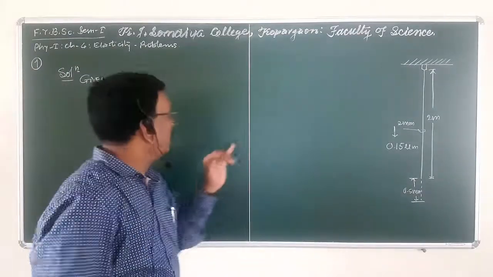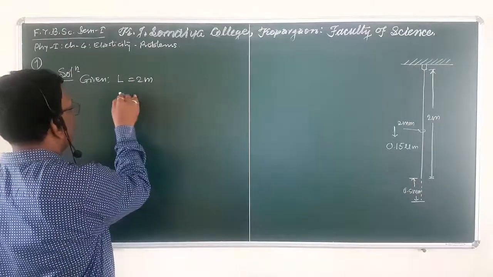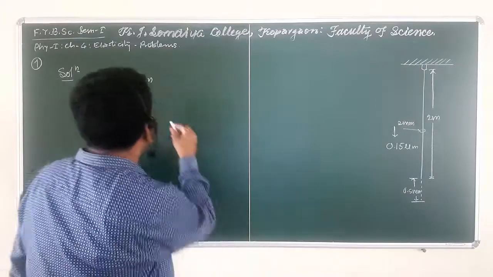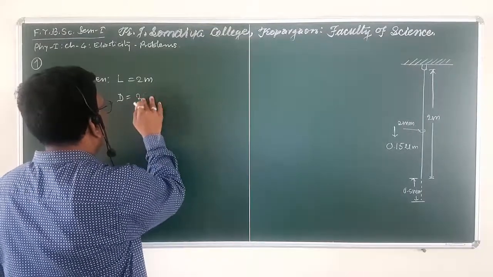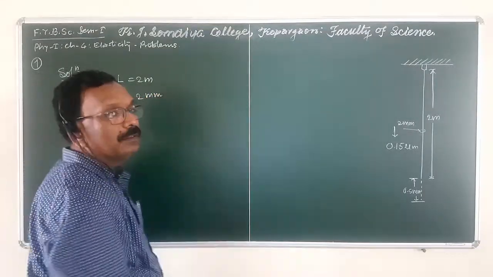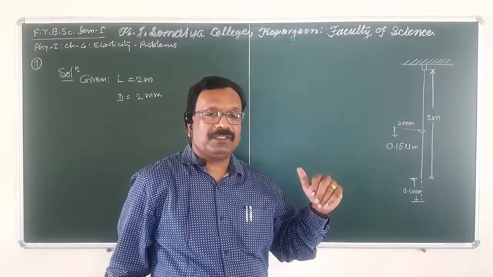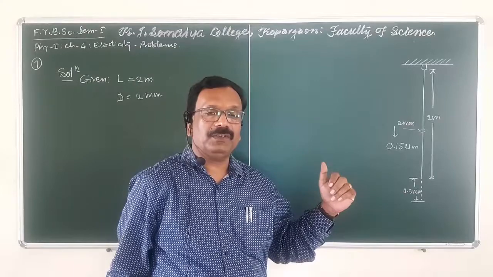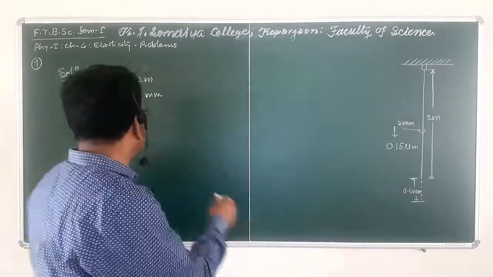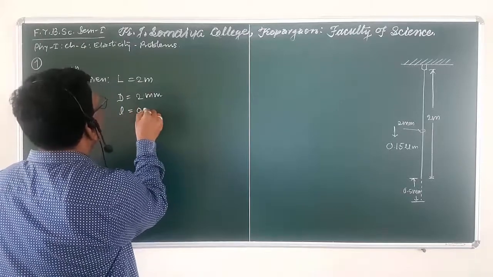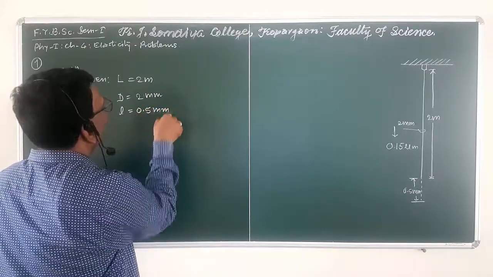The diameter of the wire, D, is 2 millimeter. When this wire is stretched, extension is produced in the wire, and that extension, small l, is 0.5 mm.